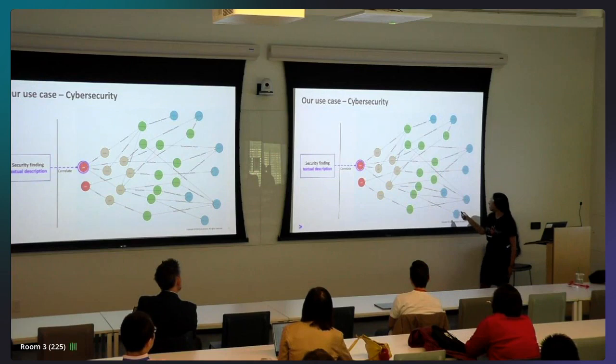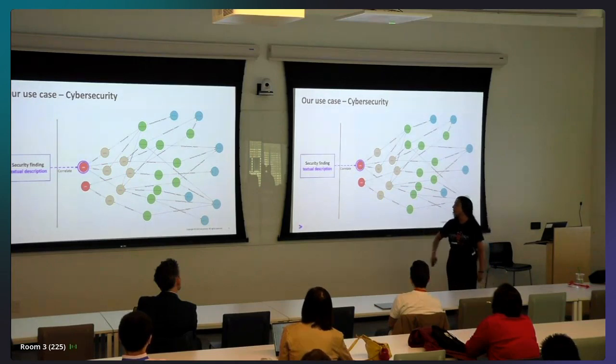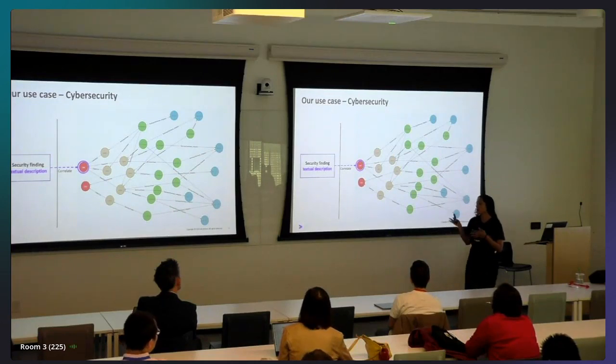And we have nodes that describe the mitigations. And we want, given a cybersecurity finding textual description, to extract information such as what is the technique and what is the mitigation in order to mitigate our security finding. We want to find how to extract all this information.